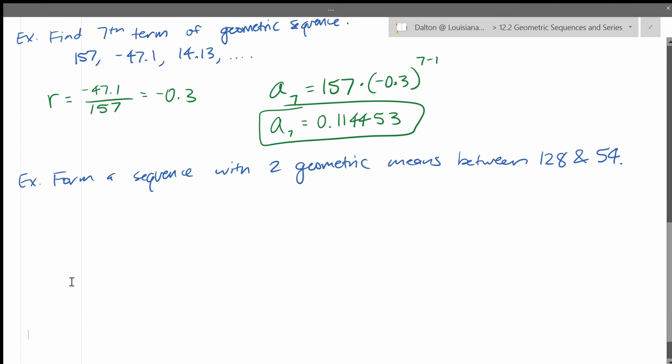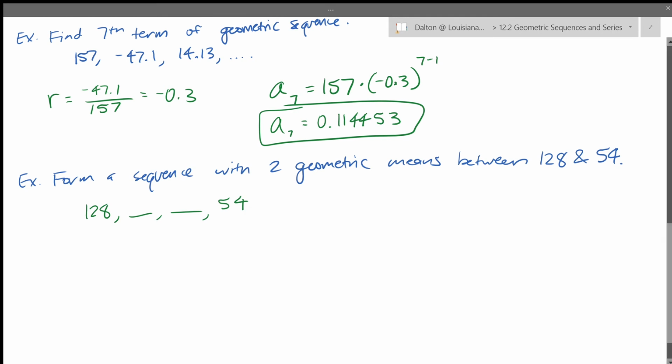So basically what's going on is we have our first term, which is 128. There are two geometric means between the numbers, so we're going to have two spaces, and then we're going to have the number 54. So our job is just to figure out the numbers in between. In order to do that, if I know what the common ratio r is, then I could use that common ratio, multiply by 128, and find these middle two terms. So again, we're going to use this formula for the nth term.